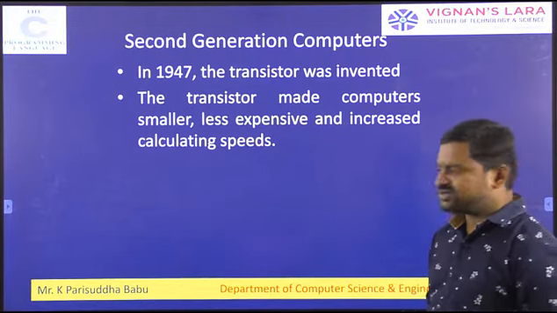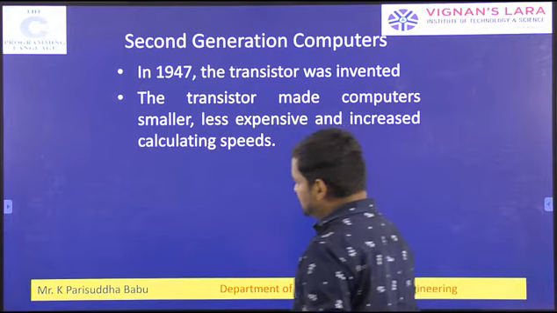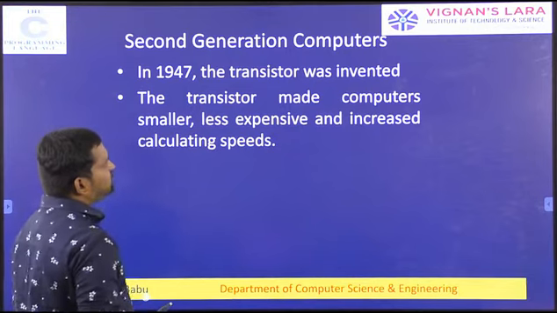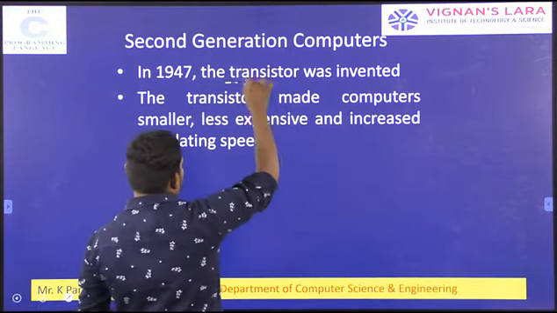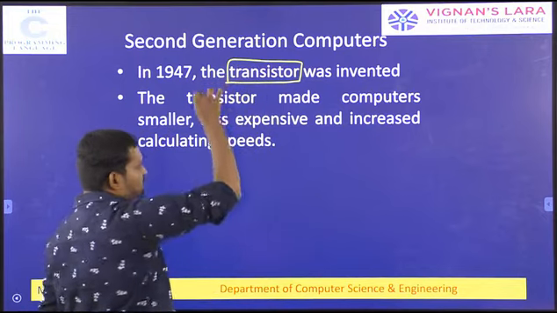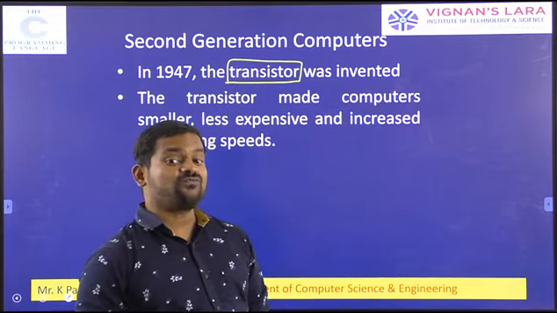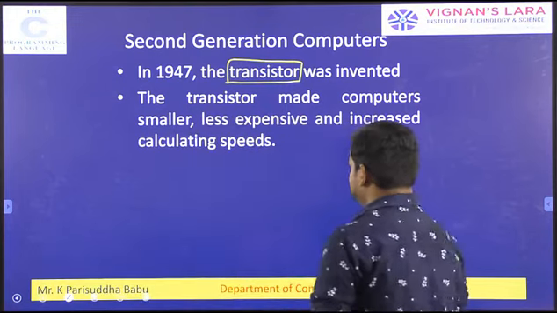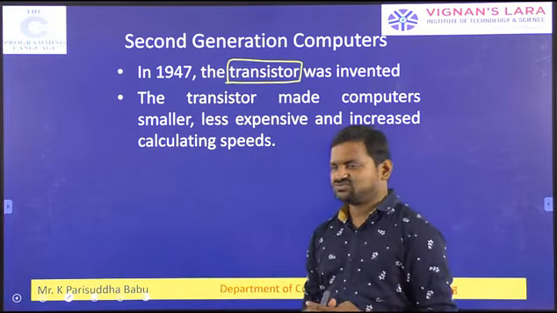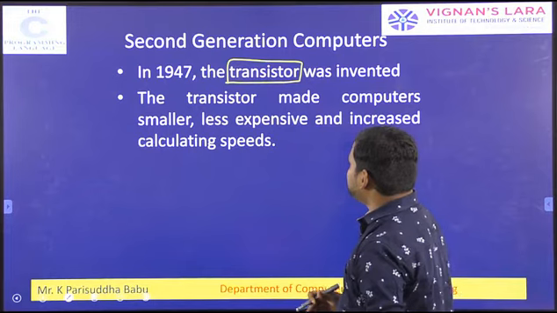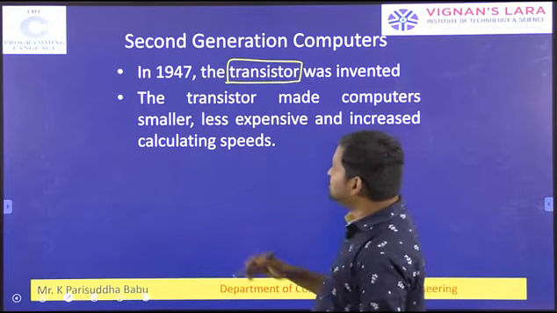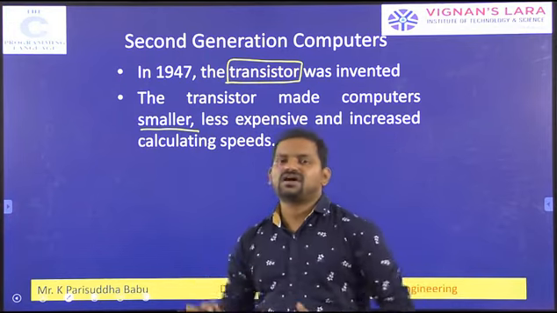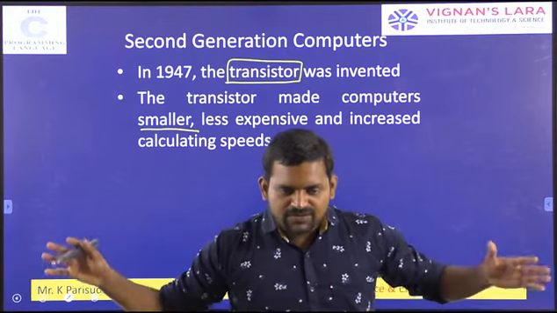Second generation computers were developed in 1947, when the transistor was invented. In the first generation computers we saw vacuum tubes. Instead of vacuum tubes, the second generation computers use transistors. The transistor made computers smaller, whereas first generation computers occupied more space.